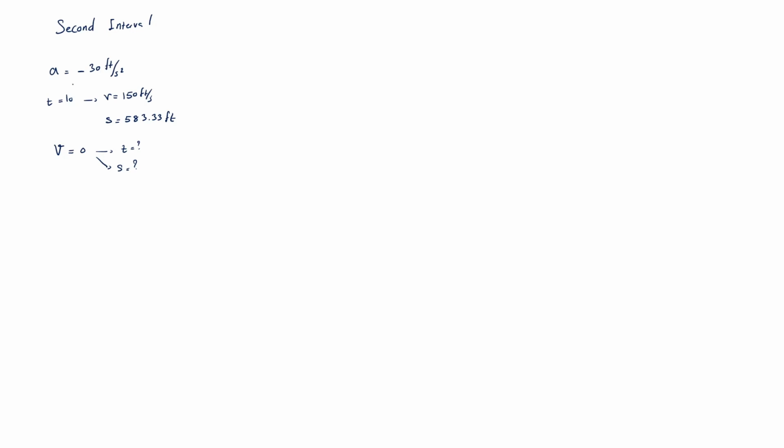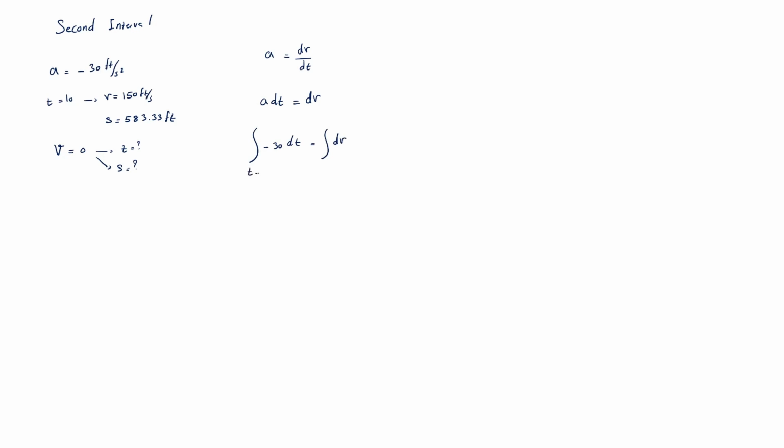As you can see, we have a constant acceleration. We can write, acceleration is the derivative of the velocity with respect to time. We can write a dt equal dv, minus 30 feet per second squared dt equal dv.